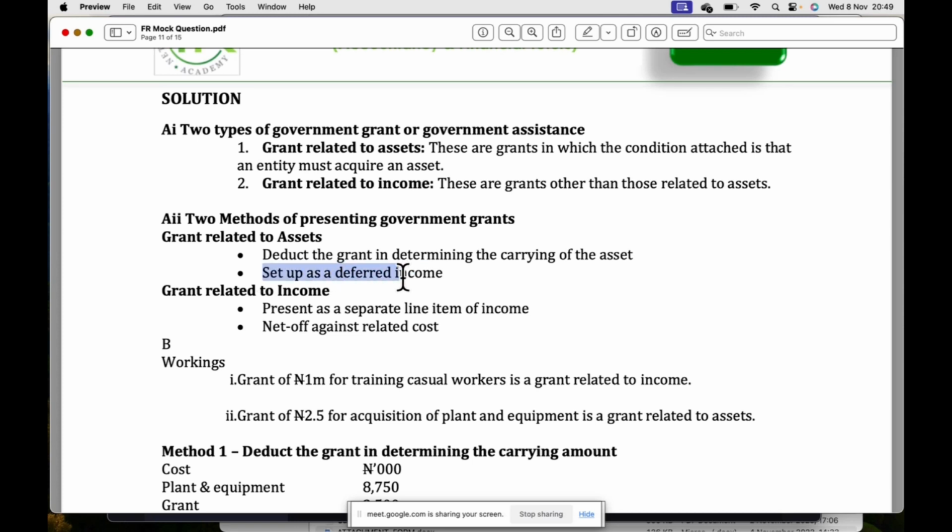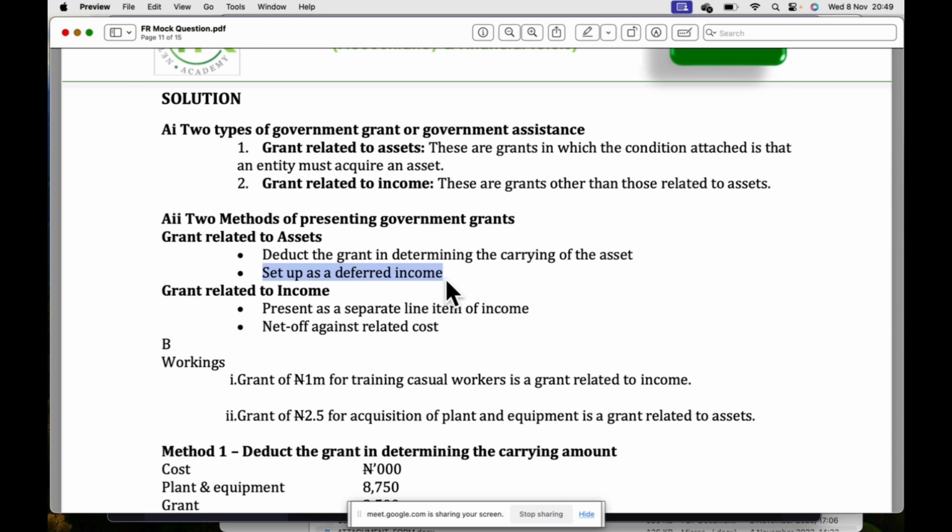This is saying that if government gives you a grant of 30,000 naira, right? And let's assume that that grant would be beneficial to you for like 3 years. So ordinarily, you are going to recognize that 30,000 as income over 3 years.